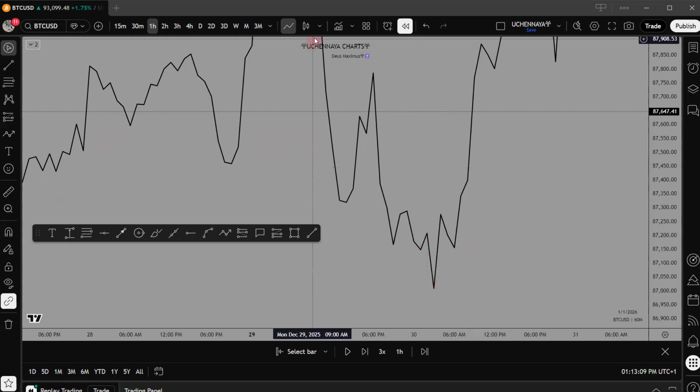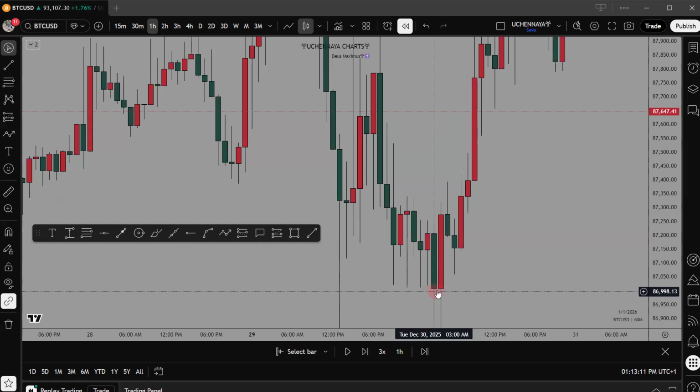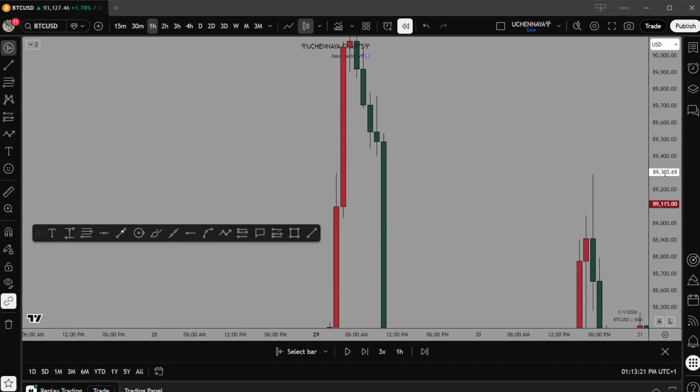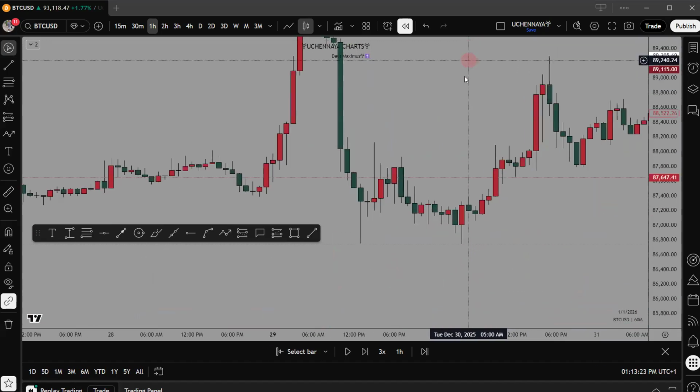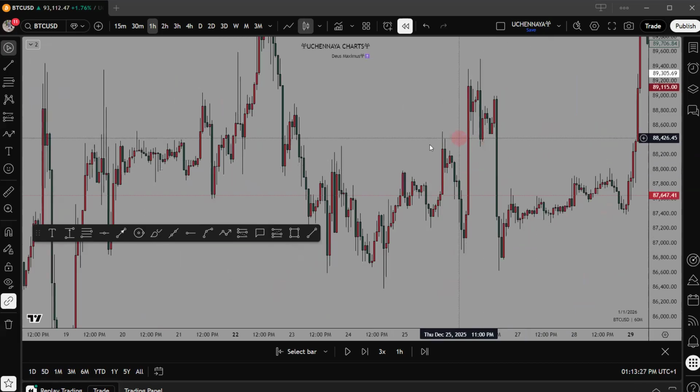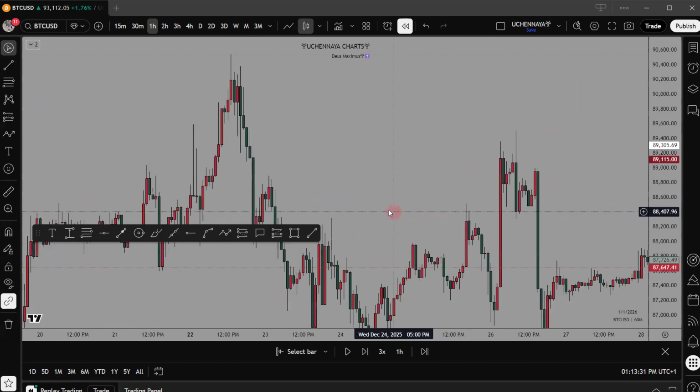Price didn't reach here. See, price didn't reach here. So this is where sponsored all these buys from here. So that is what a QML looks like, yeah, that's just basically it.